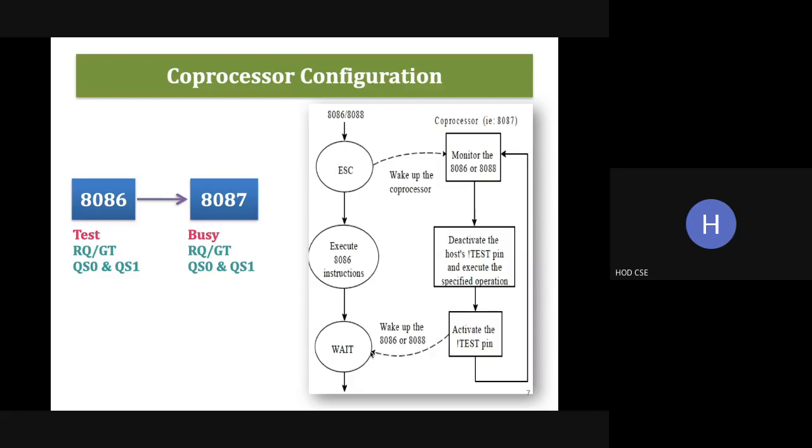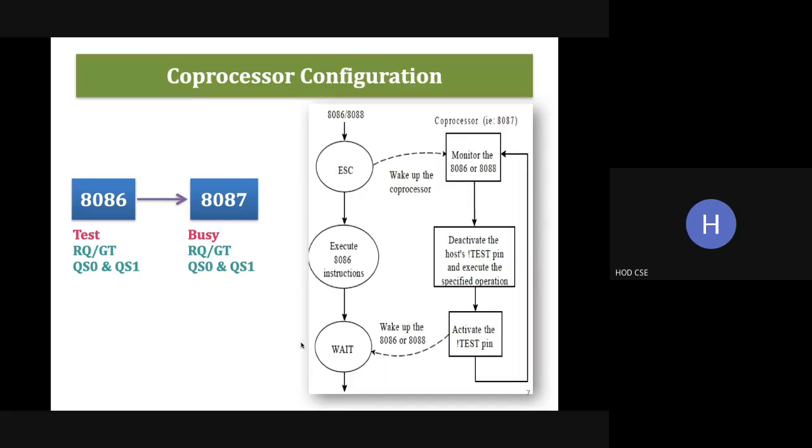When the coprocessor is performing all this operation, the main processor will execute its own instructions, and at this stage it will get the data from the coprocessor and the execution will be over. So this is how 8086 and 8087 communicate here.